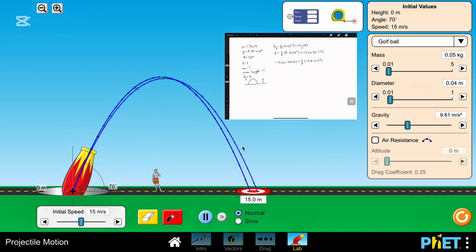Okay, so it comes here multiplying 15 sine of 70 times t. But what we're going to do with this t is move it to the other side.